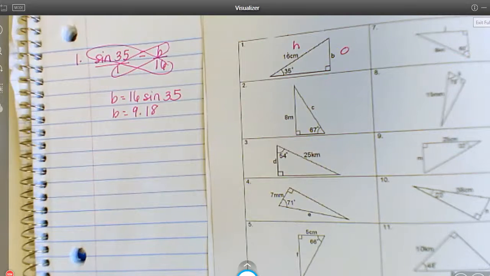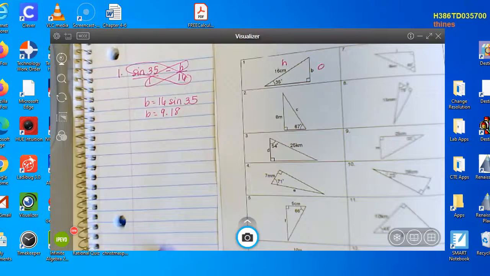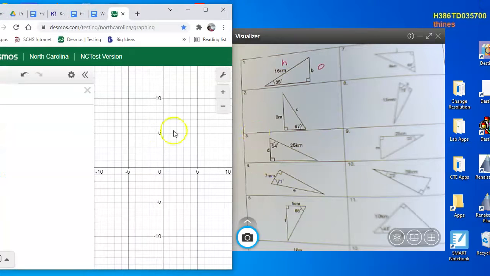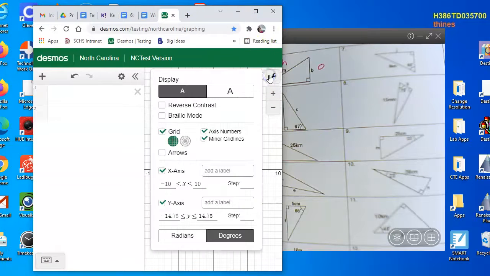Now, some of you like Desmos, so I want to show you real quick how you do that in Desmos. Over here on the wrench, you can click on that and make sure degrees are highlighted. If you're in the North Carolina testing version, or taking the actual test, you're going to be in degrees in that Desmos.